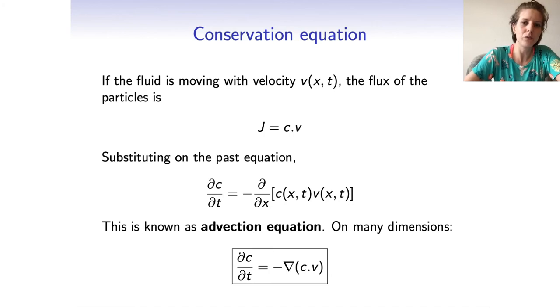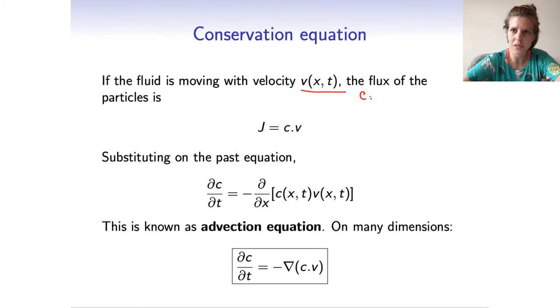So if the fluid is moving with velocity v, the flux of the particles is c times v. Let's see if it matches the unity. So c has the unity of number divided by volume, and v, the velocity, is space divided by time.